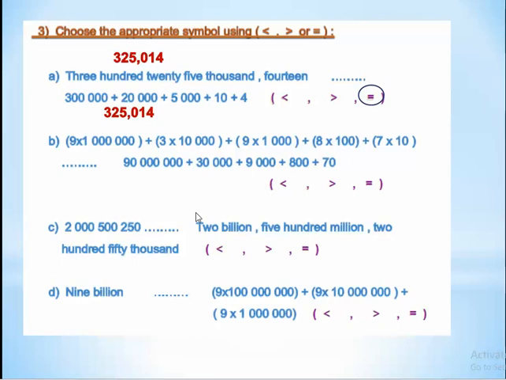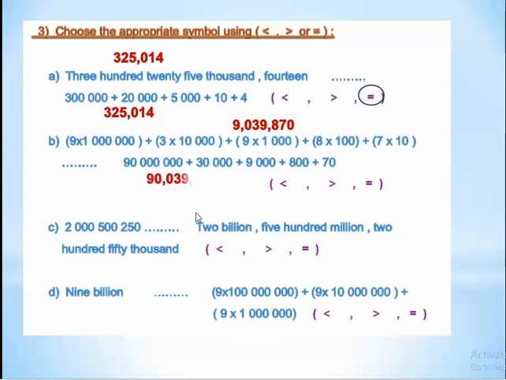Here the first number is 9 times 1 million, 3 times 10,000, 9 times 1,000, plus 8 times 100, plus 7 times 10. Let's write the number 9,039,870.